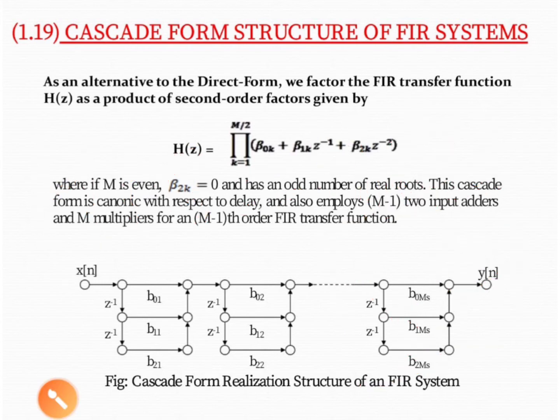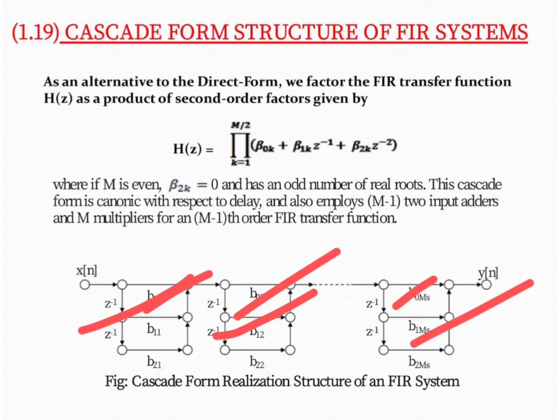So here, as you can see, when we factor our transfer function, we get certain transfer function equations, and in this way we follow direct form realization of FIR system, and in cascade we connect like this. In this way we can draw our cascade form structure of FIR system.